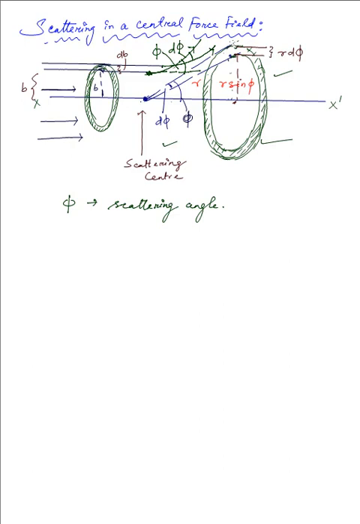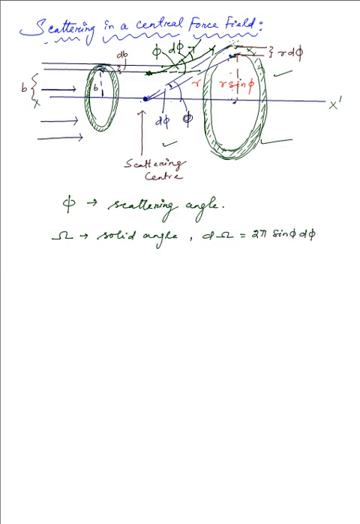It will be something 3-dimensional, because phi here is the 2-dimensional angle. The 3-dimensional angle is in the form of a solid angle. So we have d omega, omega being the solid angle involved, associated with d phi in the form 2 pi sine phi d phi.